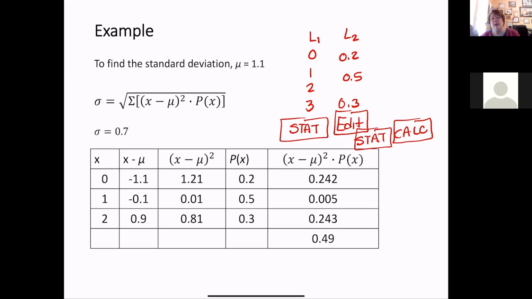No, we just had a 2. And then you take each of those values and you square them. You multiply that by the probability, and then you add that up. So the standard deviation of this discrete probability distribution is 0.49. So much easier to do it on a calculator.